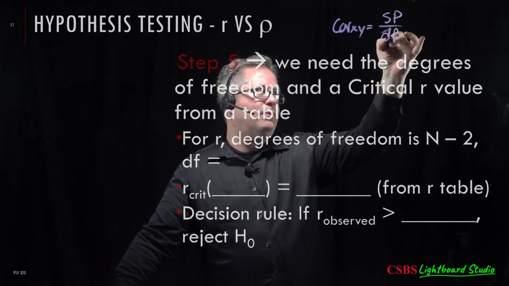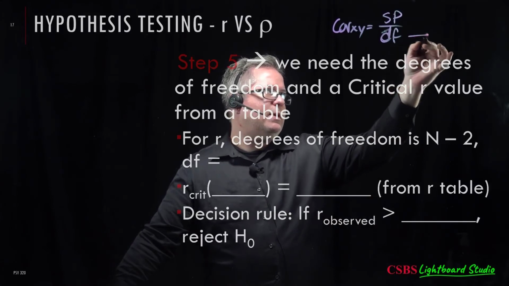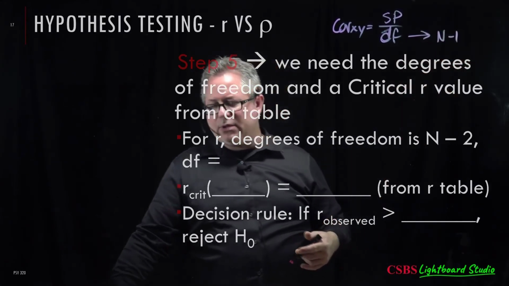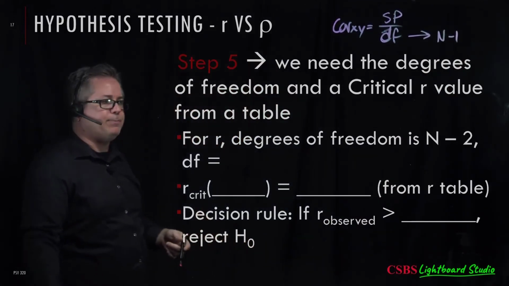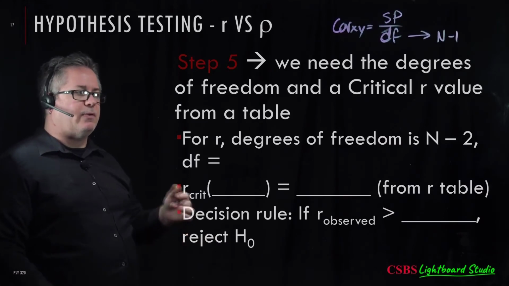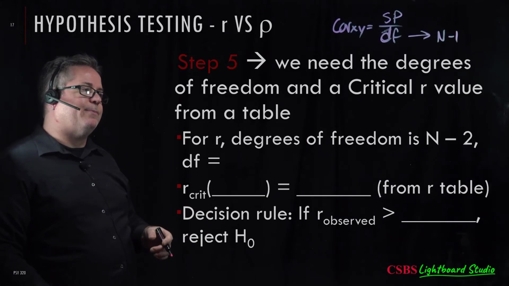So these are the degrees of freedom we use to calculate the covariance, and these are actually n minus 1. We use n minus 1 because that corresponds to the degrees of freedom when we compute just a variance, because we divide by n minus 1. So it helps it correspond, which is fine.